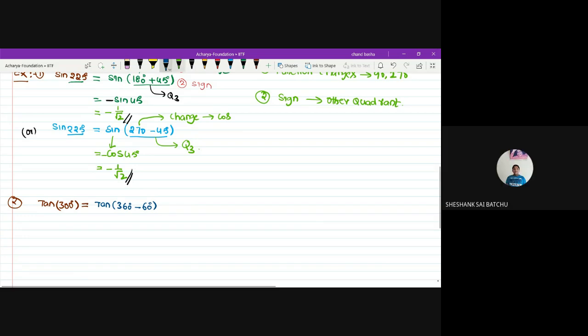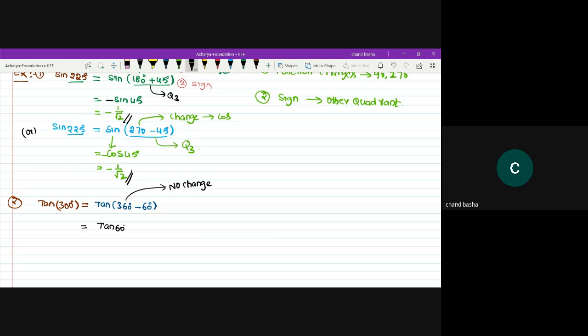Yes, sir. 360 minus 60. Whenever I'm using 360 multiples, is there any change in the trigonometric ratio? No change. It changes the quadrant only, to quadrant 4. So what is the first point? First, see whether your trigonometric ratio changes or not. No change means I can write tan 60.